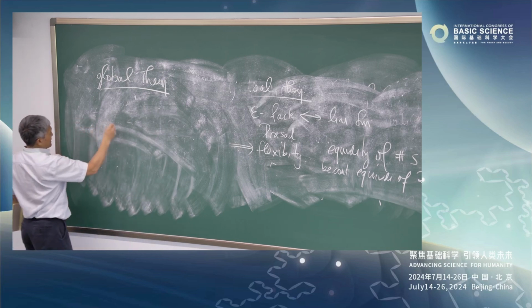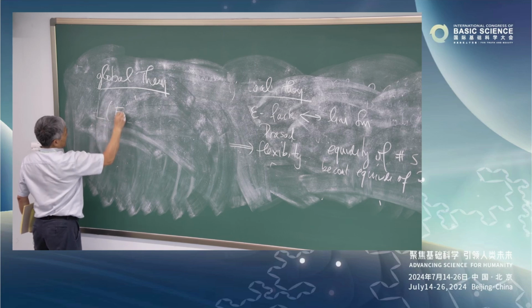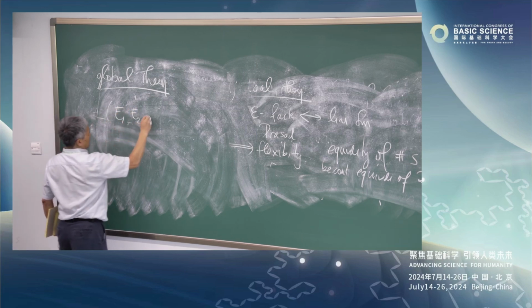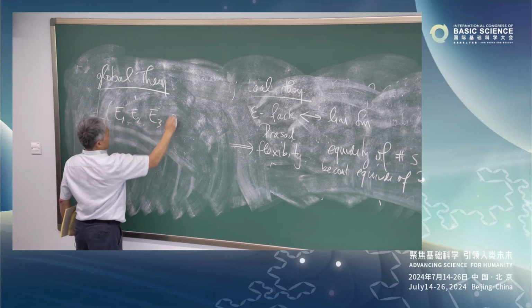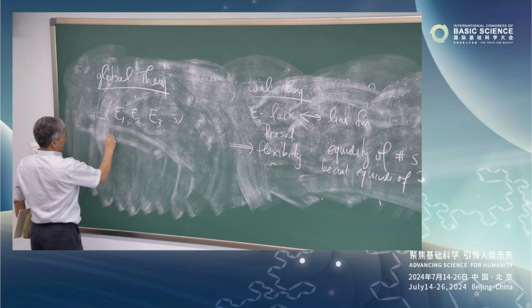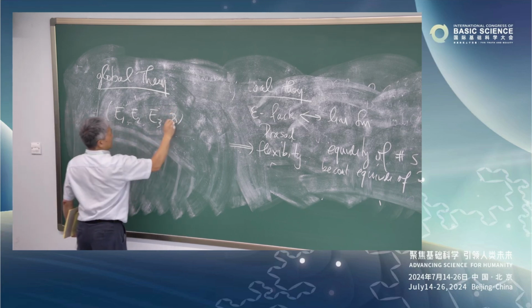The global theory is, as I said, that I have the error function here, and I want to choose here.